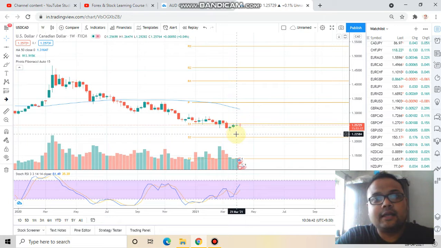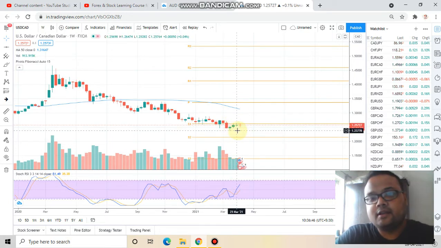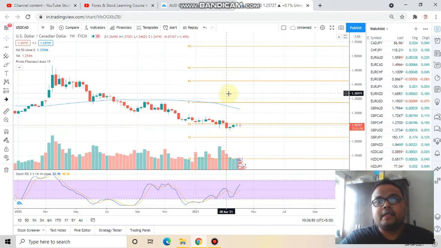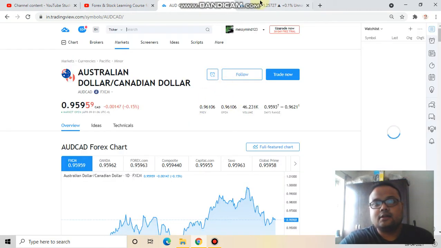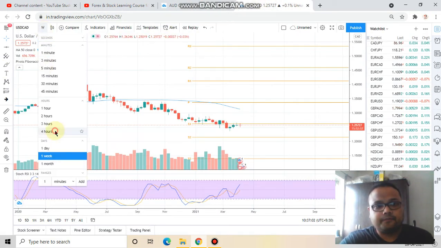This week also market tried to cross the level but failed. Before that also market failed. For the 3 consecutive weeks, market is trying its best to cross the resistance, but market is unable to do so. As a result, market is stuck in a range right now.